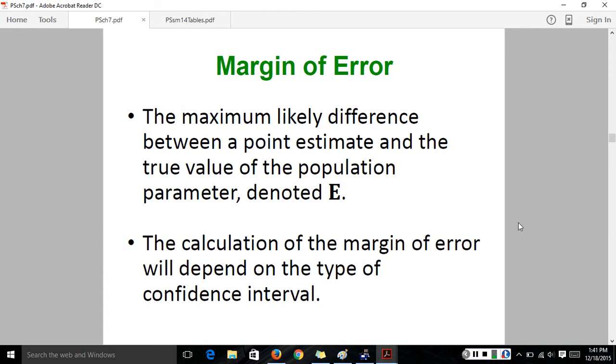So there are different ways to calculate a margin of error depending on the type of confidence interval you are making. But the margin of error is your wiggle room. It's how much you are allowing in your range. And when we create the margin of error, we'll use the critical value from previously. And that inclusion of the critical value and the probability that it involves allows us to say that we have a certain level or percentage of confidence.